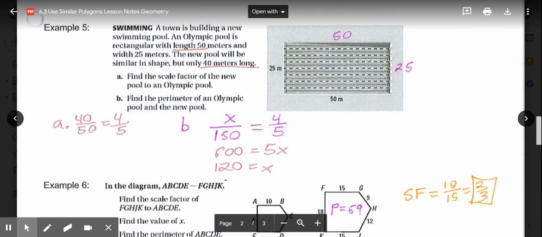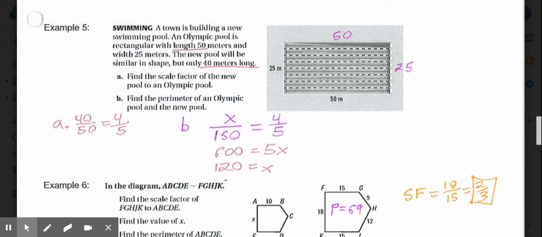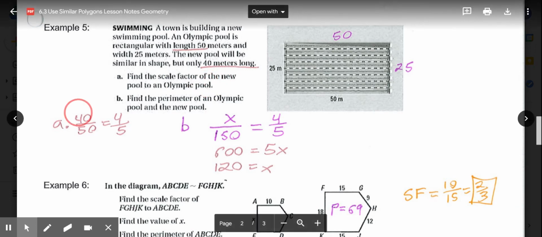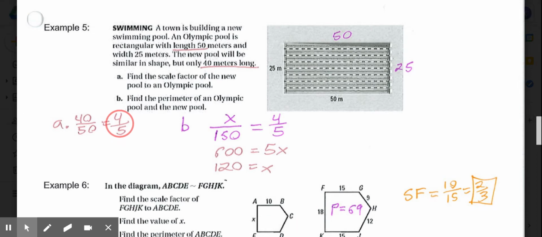So first, find the scale factor of the new pool to the Olympic pool. So new pool to the Olympic pool means new pool on top. So new pool was 40 meters. Olympic pool was 50. 40 over 50 simplifies to 4/5. So our scale factor is 4/5.